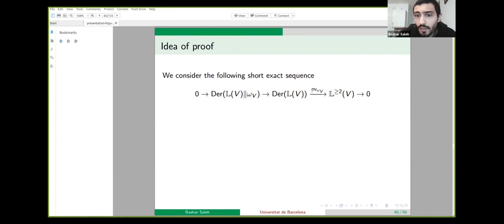We compute it on omega V. We have the evaluation map here, and then the kernel will be the following Lie algebra. And we need the surjectivity of this evaluation map, which follows from the construction of omega V. I will not go into details, but it's surjective. So this is really a short exact sequence.